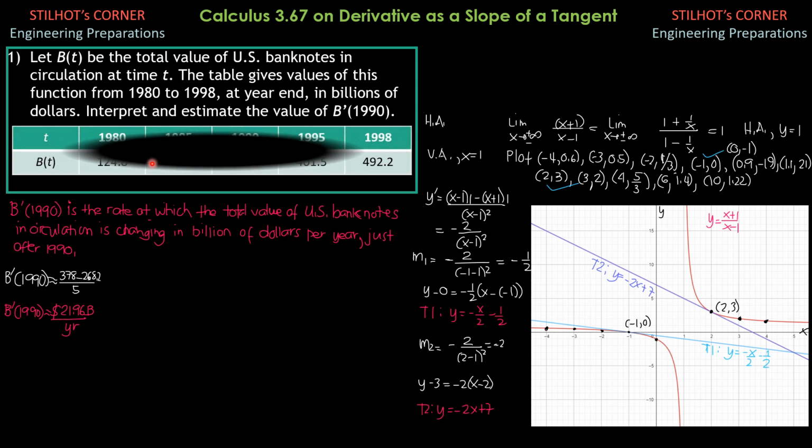So we have here the given table, and we're going to estimate the value of B, the total value of US banknotes, 5 years after 1990, because from the slope of the tangent to the curve at 1990 there's no available data, but in 1995, after 5 years, there is.